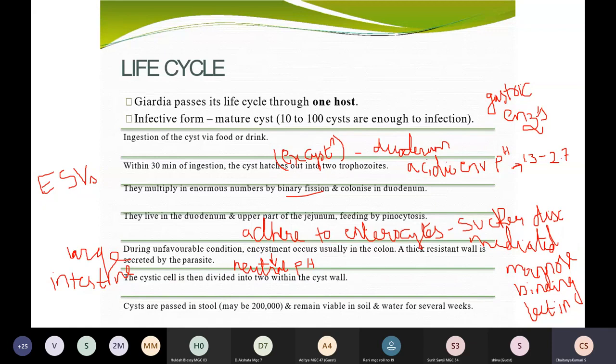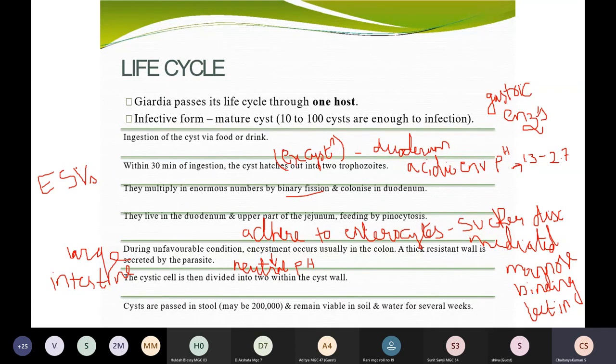ESVs, encystation specific secretory vesicles, will be produced inside the trophozoite once they reach the large intestine, and due to the neutral pH, these vesicles will be formed, which trigger or convey the message to the trophozoites that they have to be converted into the cyst.